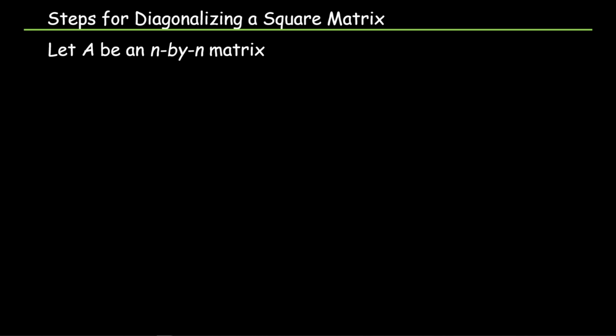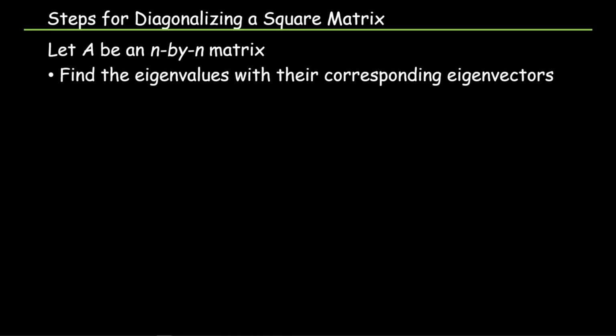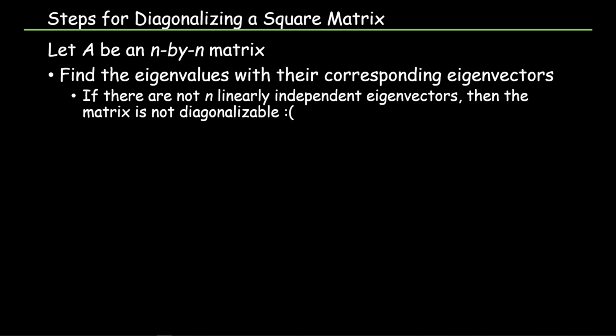The first step, the first thing you must always do when it comes to diagonalizing matrices and eigenvectors and eigenvalues, is to find the eigenvalues with the corresponding eigenvectors. That means taking the characteristic equation of the matrix, setting it equal to 0, and finding the roots. Once you find the eigenvalues, you find the eigenvectors, and we have to check that there are n linearly independent eigenvectors.